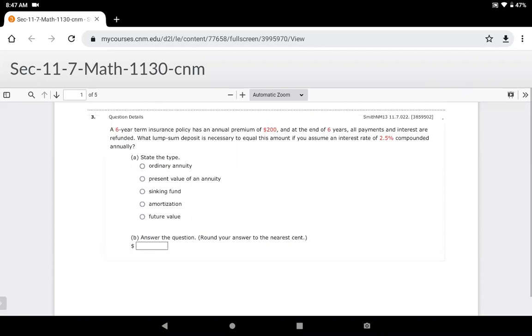A 6-year term insurance policy has an annual premium of $200. At the end of 6 years, all payments and interest are refunded. What lump sum deposit is necessary to equal the amount if you assume an interest rate of 2.5% compounded annually? So here we are looking for the present value of an annuity.